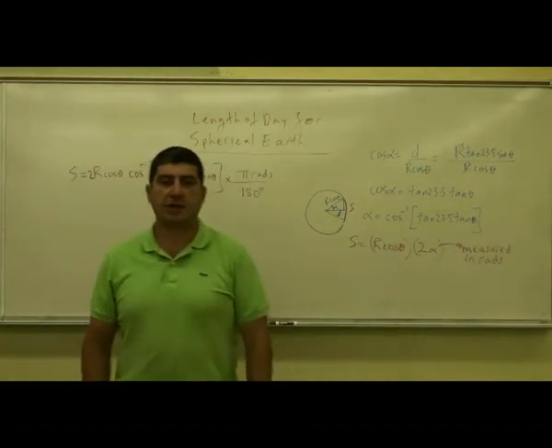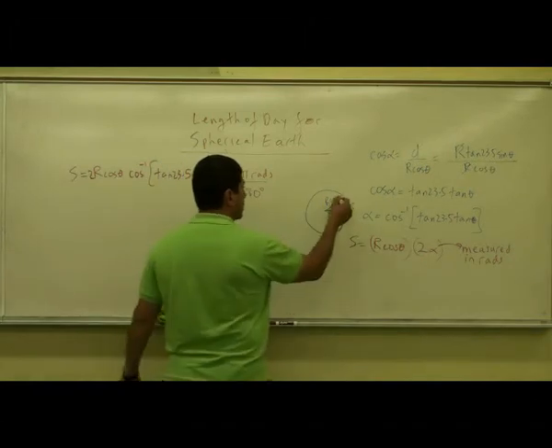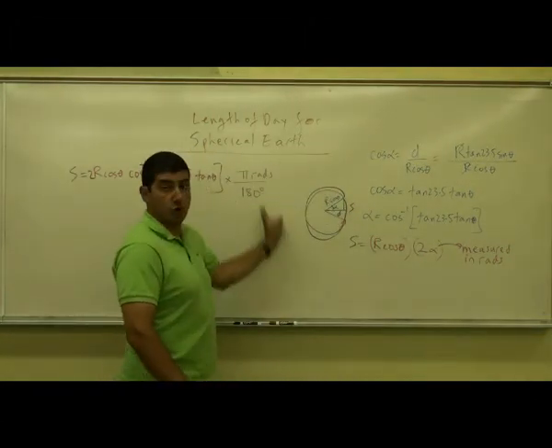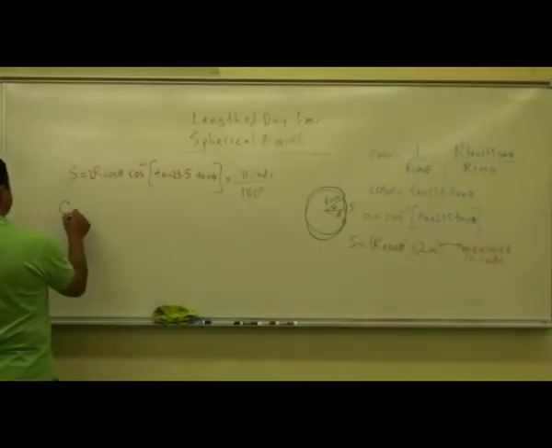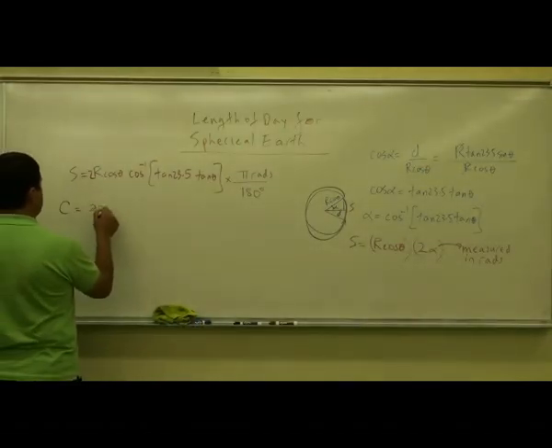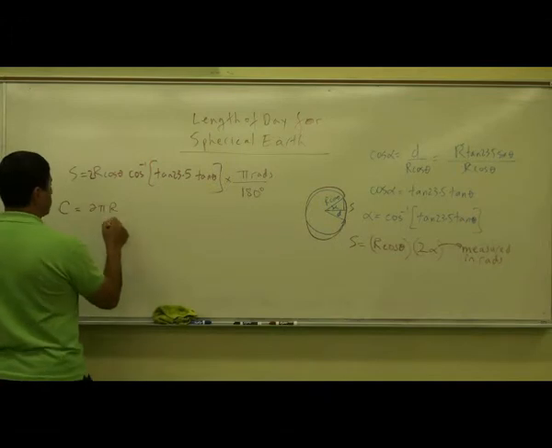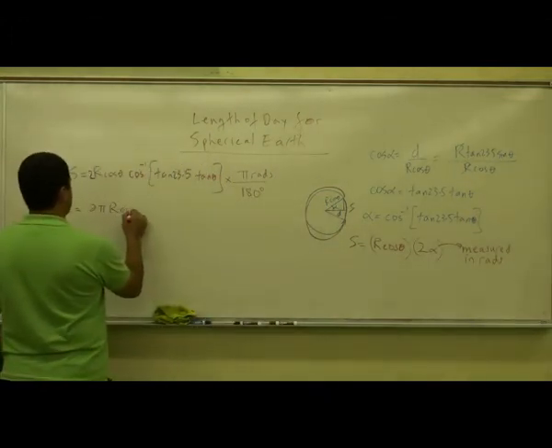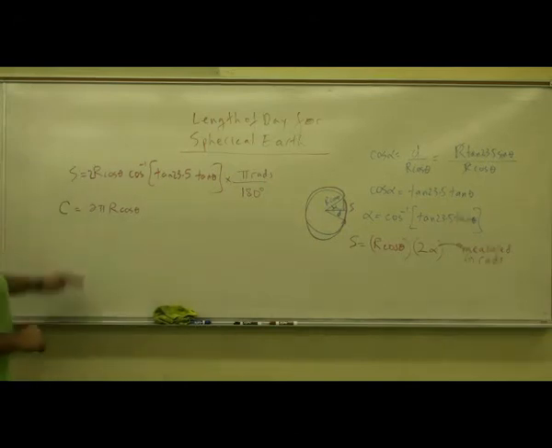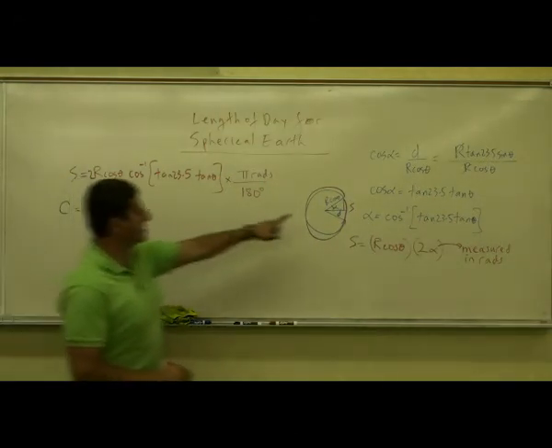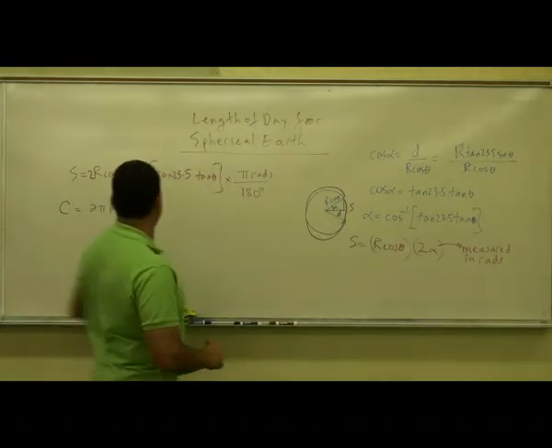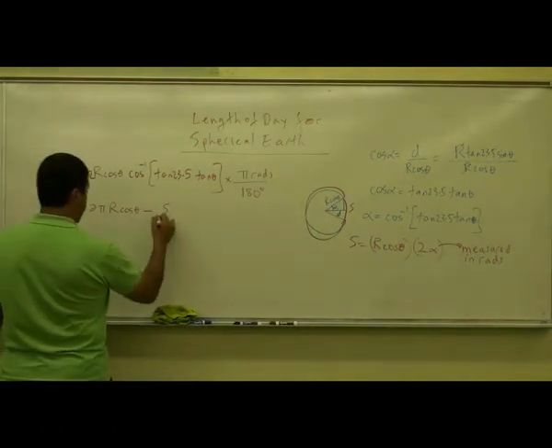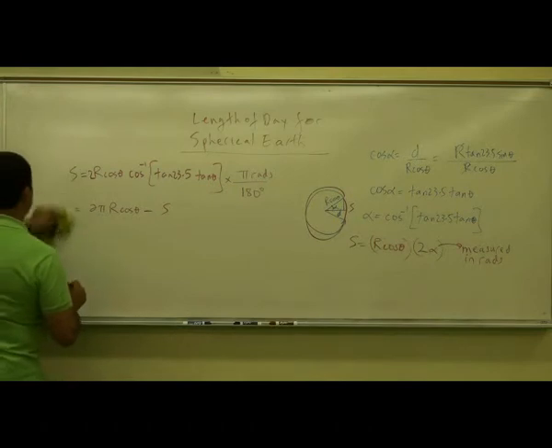Okay? So now, how much of the day are you in sunlight? This whole is sunlight, right? From the whole circumference, right? The circumference of the circle is 2 pi times the radius, but the radius is r cosine theta, right? 2 pi r cosine theta. So if I subtract the S from 2 pi r cos theta, I'm going to have minus S. So now here's what I'm going to do.